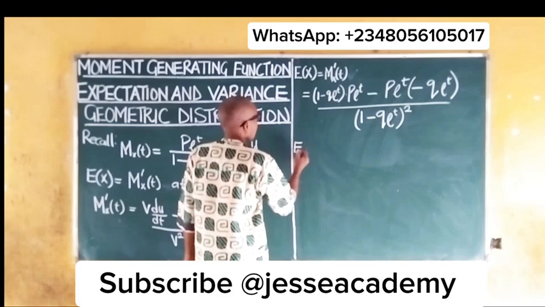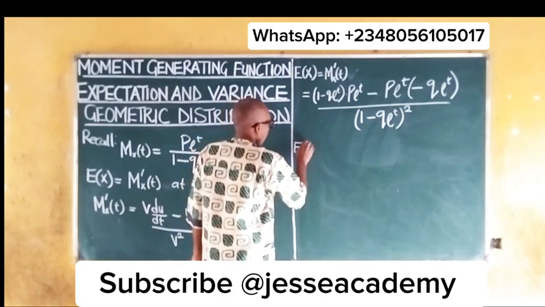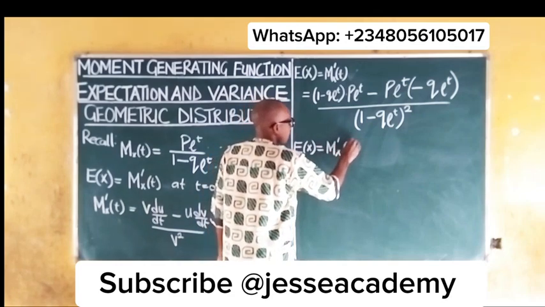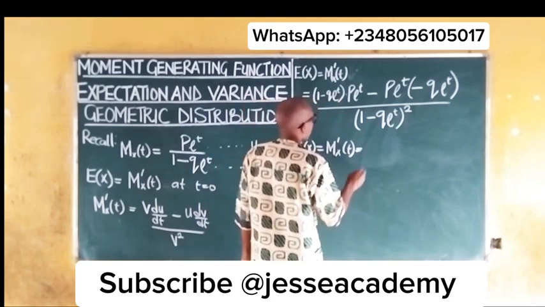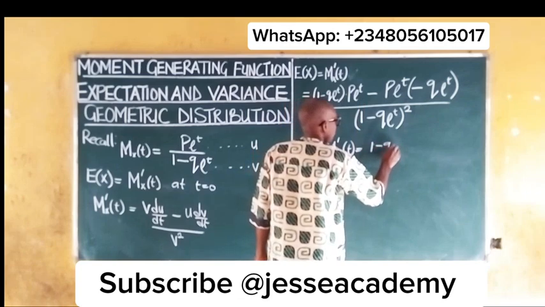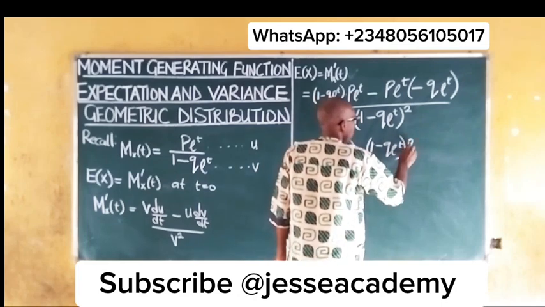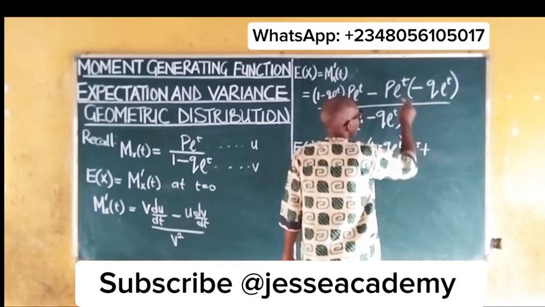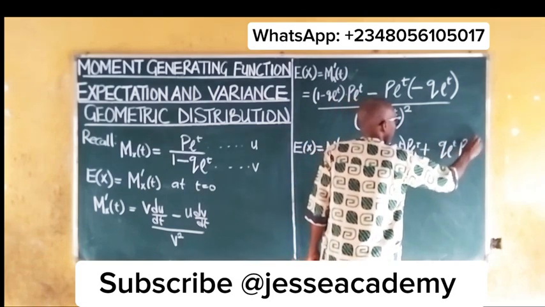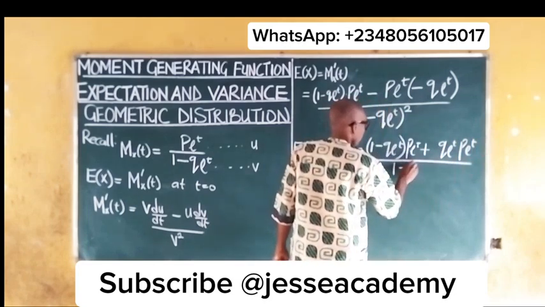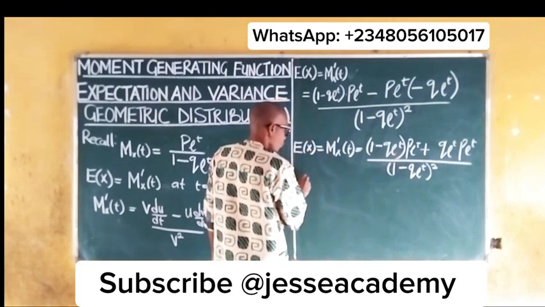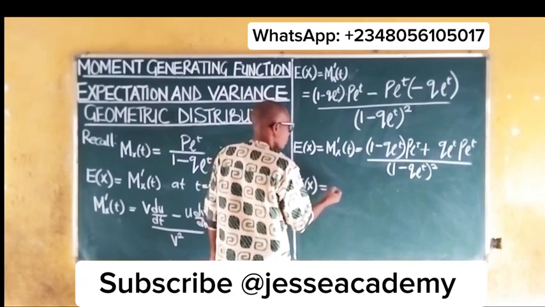Now, our expected value of x, which is equal to the first derivative, will give us 1 minus qe^t times pe^t, plus this multiplied by this, qe^t pe^t, all over 1 minus qe^t all squared. We can also open this.